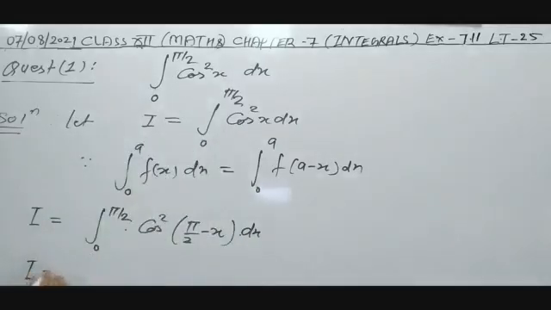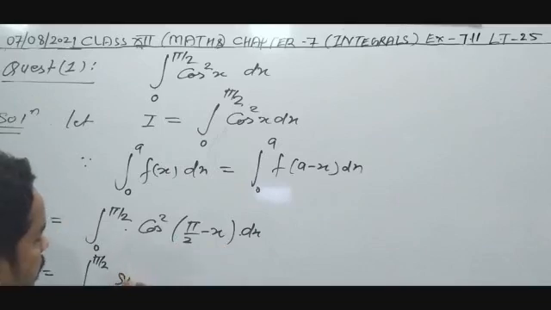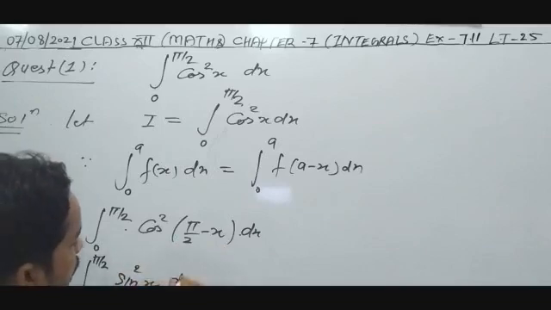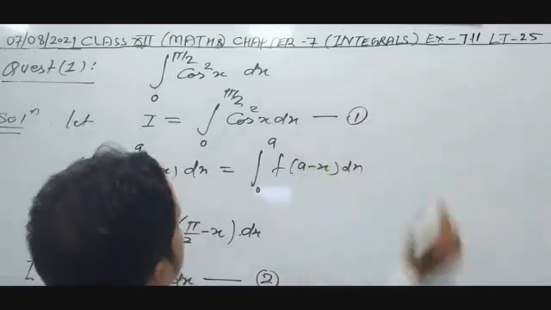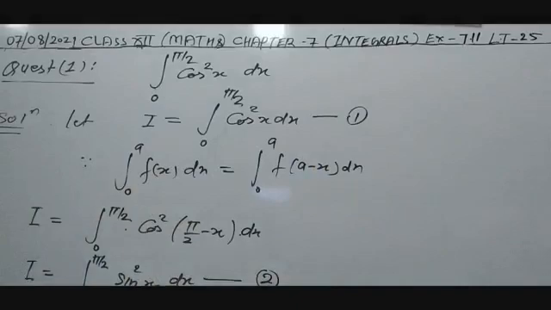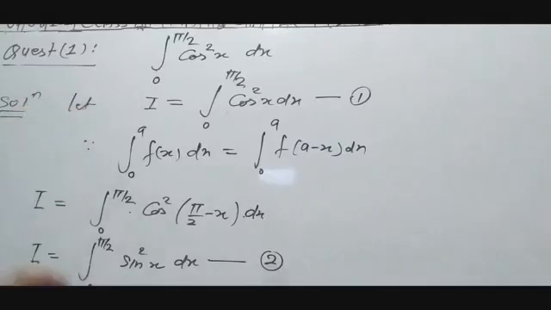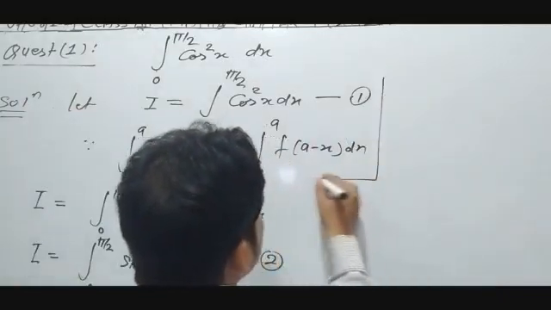Means I is equal to integration over 0 to pi by 2 cos square of 90 minus theta, and the result is sin theta, so sin square x dx. Consider this equation 2 and consider the earlier one equation 1. Now see, from equation 1 and 2 we are going to add equation 1 and equation 2.